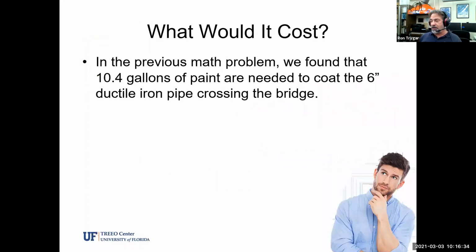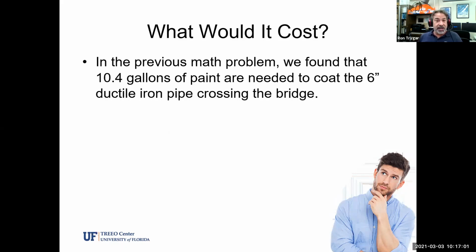All right. So again, going back towards the type of exam or type of situation that you might be working in, if you're a supervisor and you are the person in charge of, let's say, budgeting for this job to happen during this fiscal year or the next fiscal year, you know that during the next fiscal year, you need to paint a certain number of pipeline, or rather river crossings, pipes that are crossing over rivers.